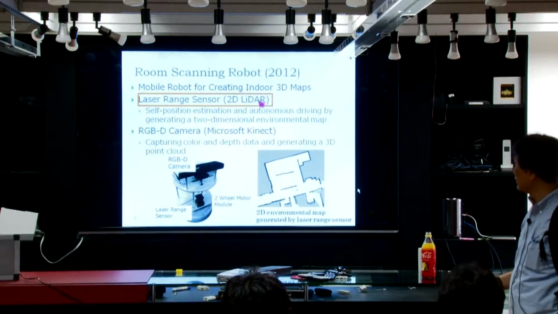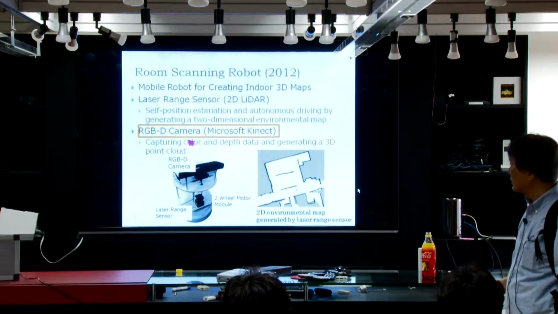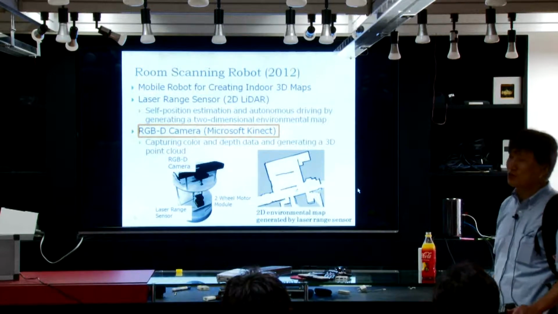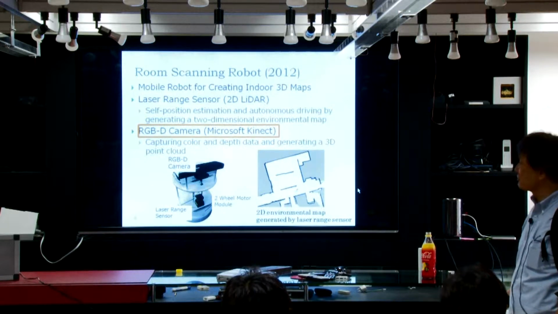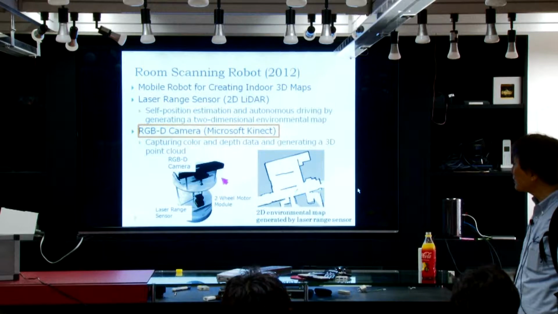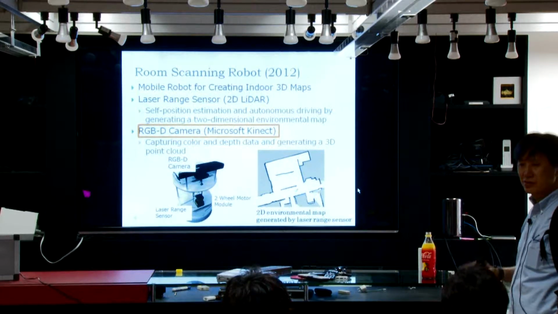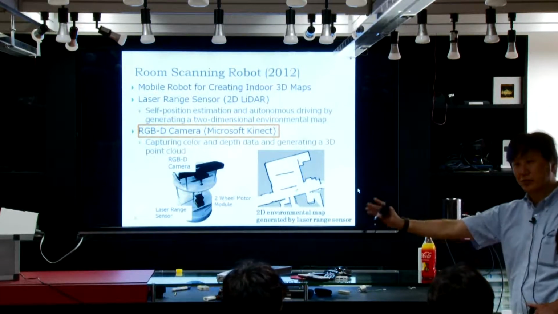In this case it's 2D, not three-dimensional, but this robot also has a three-dimensional sensor. It's called an RGBD camera. In this case, a Microsoft Kinect sensor. RGBD means RGB and depth. Depth is the distance from the camera to the object.